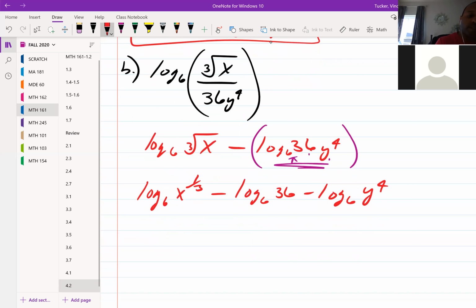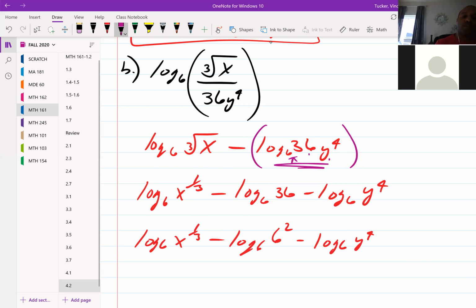The reason why I did that is because it's log base 6 of x to the 1/3. Log base 6 and 36 is 6 squared. I can write that 36 is 6 squared, so that helps me in reference to my base. And the log base 6 of y to the 4th.